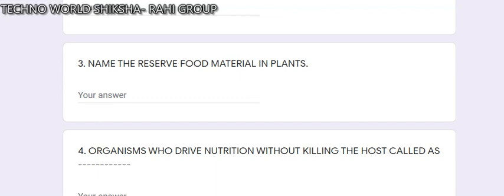In case of plants, the plastids are the cell organelles that are generally related with the storage and synthesis of food. So my dear students, plastids are special organelles in plants that deal with the storage and synthesis of food. Three kinds of plastids are there.